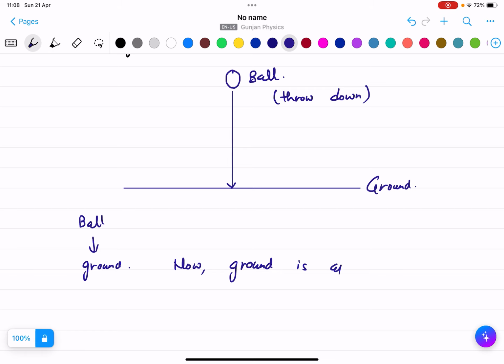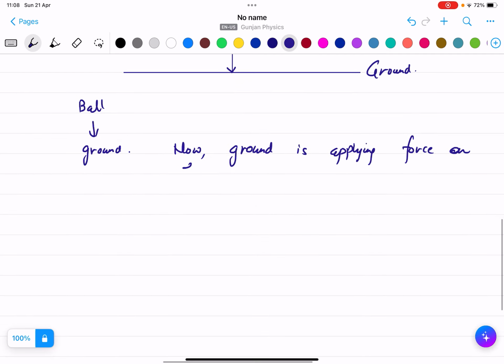The ground is applying force on the ball in the upward direction, right? Because when we throw the ball on the ground, it will take a tip and then it will finally stop. That means why does it take a tip? Because the ground is applying the upward force on the ball, right?